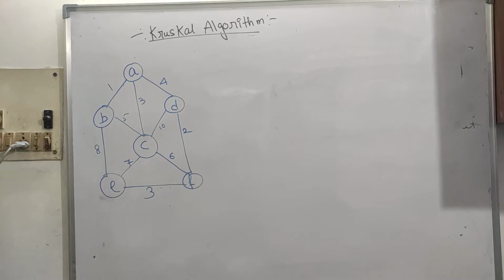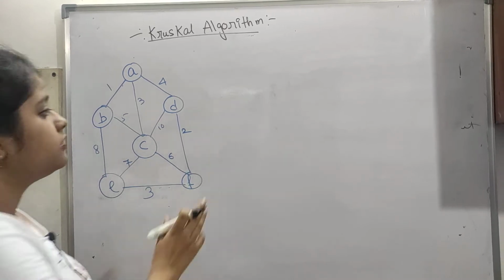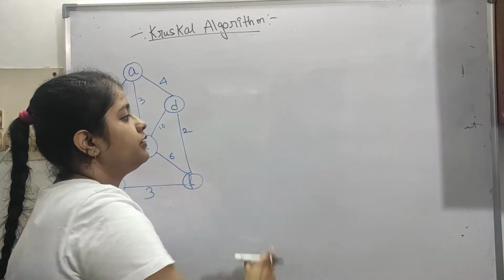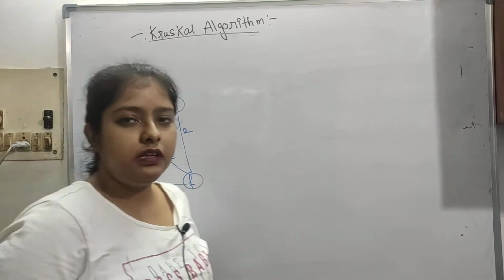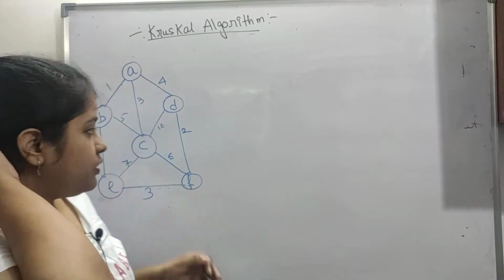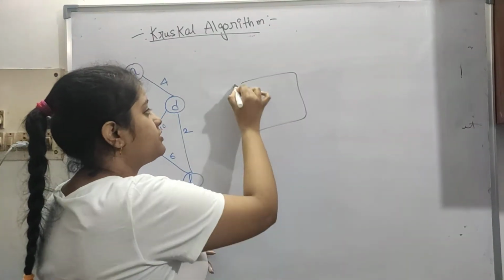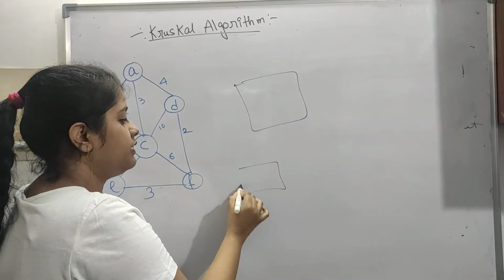Now this is our previous graph only. Let's see how the Kruskal algorithm is working. An important point is that maybe we don't care about it, but it's very important: when copying the graph from our question, the question will be on our computer screen, and we will be given a scribble pad.